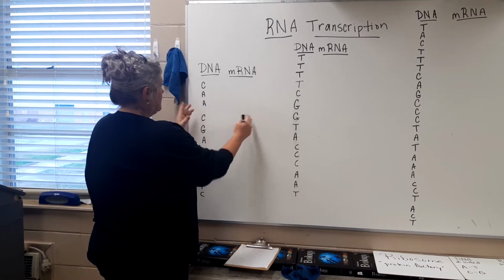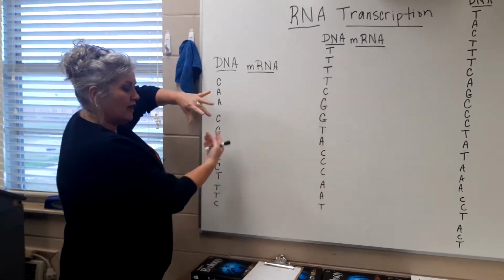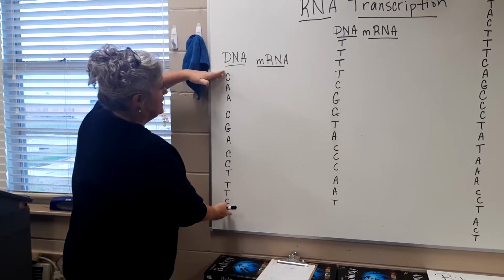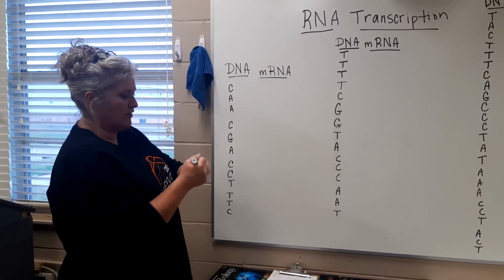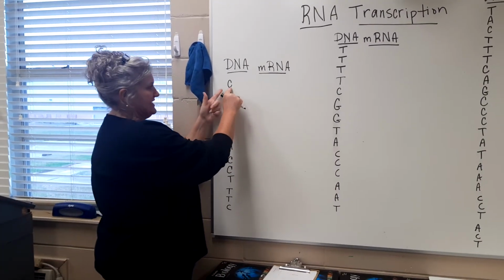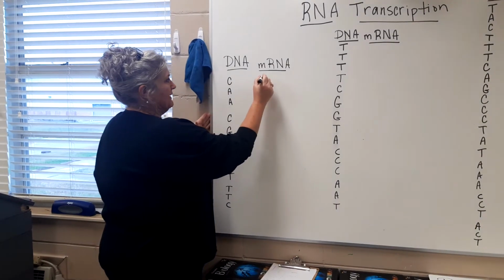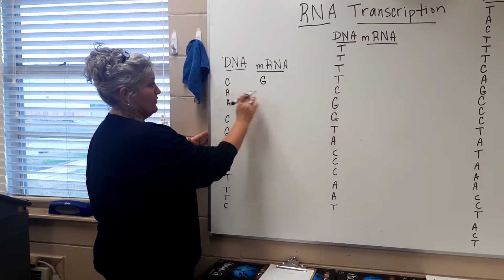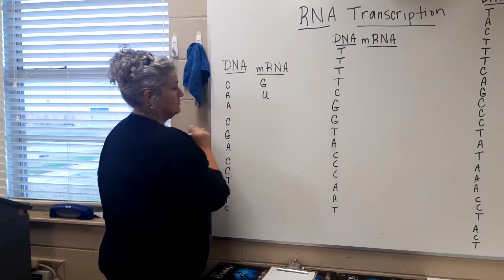So when the DNA unwinds and comes apart, here's the side we're going to use for a pattern. So remember, it's read in codons. That'll be important a little bit later. But if on DNA, if it's C on this side, it'll be G on this side, right? Now, if the DNA is A, remember, it's going to be U in your RNA.